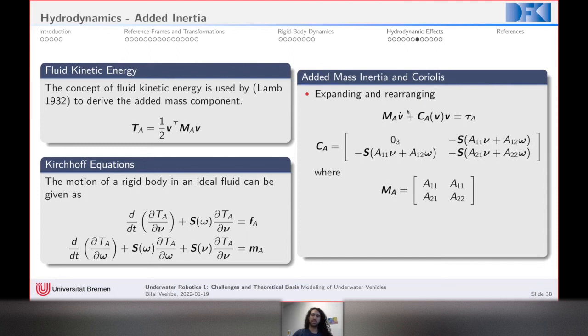Here we basically have M_A, the added inertia matrix, times the acceleration, plus Coriolis terms as a function of the velocity multiplied by the velocity vector. And this Coriolis matrix we can get according to this formula. These A11, A12 are just the submatrices of the full added mass matrix.